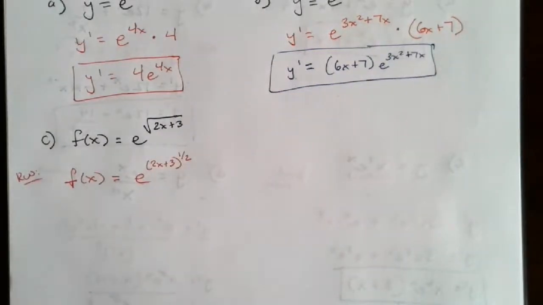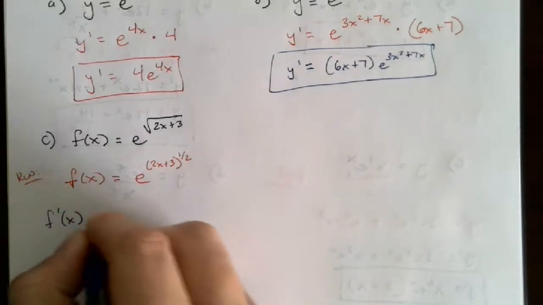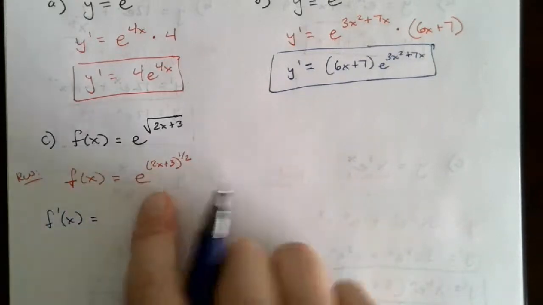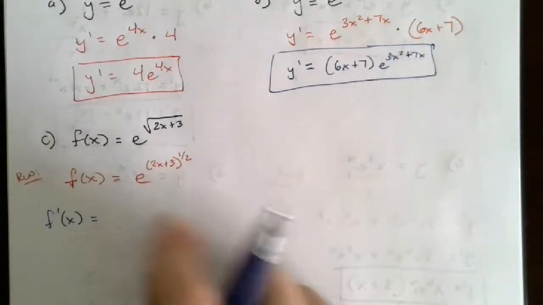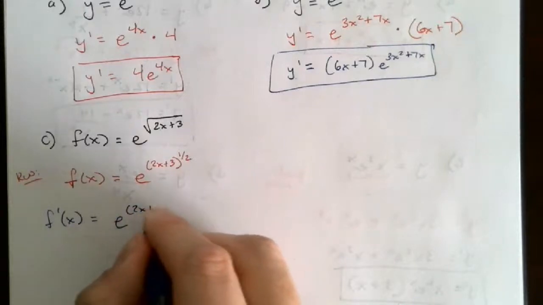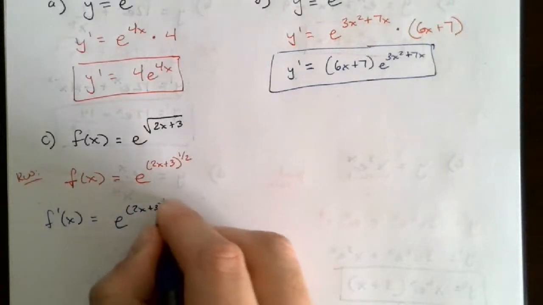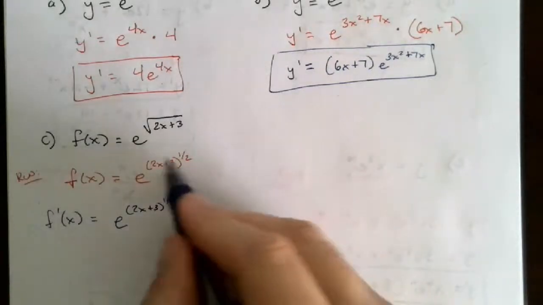And now we're ready to take the derivative. If I go to take f prime of x, remember how it works, chain rule on e. The derivative of e, you keep what you see, because the derivative of e to the x is e to the x, so we're going to keep e to the 2x plus 3 to the 1/2 times the derivative of the exponent.